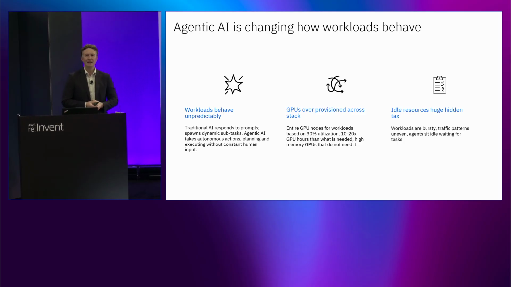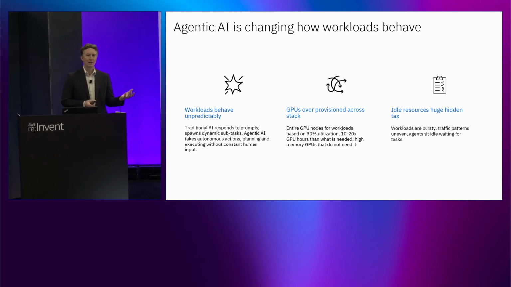With agentic AI and AI apps, it doesn't necessarily work that way. It's very unpredictable. It can plan, branch, and then spawn hundreds of micro workloads. You could have Gen AI talking to another agentic AI, talking to another agentic AI, talking to a number of APIs, and all this is happening in the background, creating resource spikes that can sometimes bring applications to their knees.